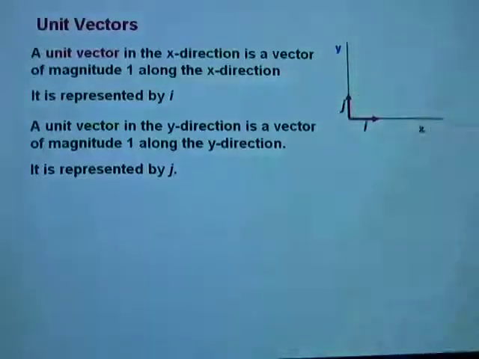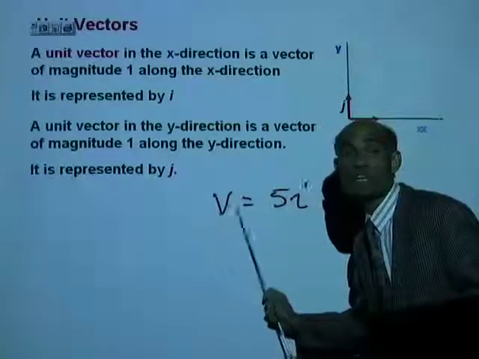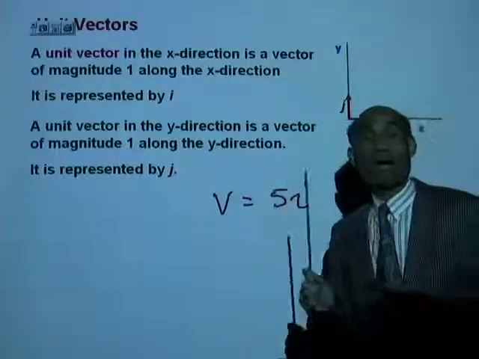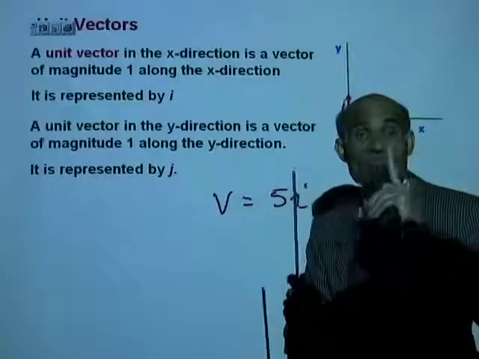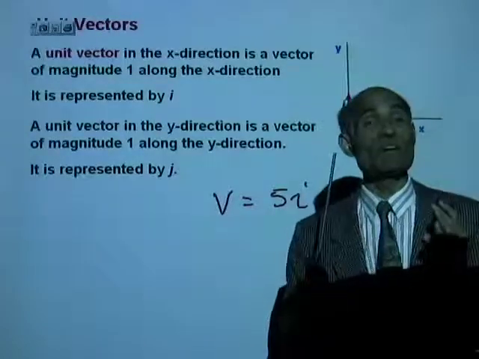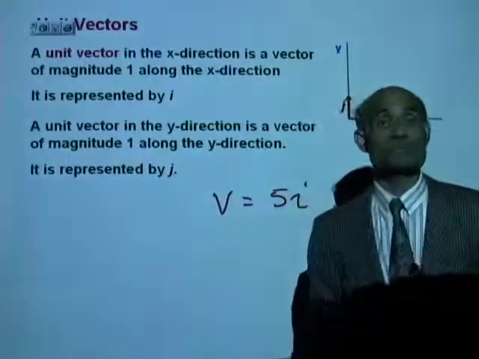So tell me, if I give you a vector v equal to 5i, what do you understand by that? What does i stand for? i is a vector along the x-axis of magnitude 1. If you multiply that by 5, you have a vector of magnitude 5 in the x direction.